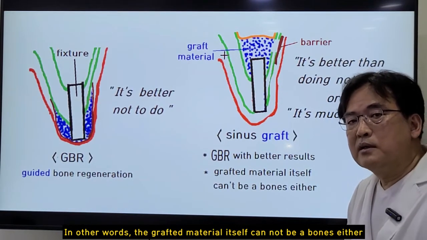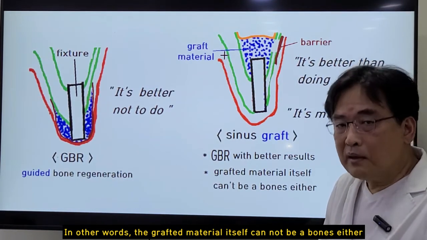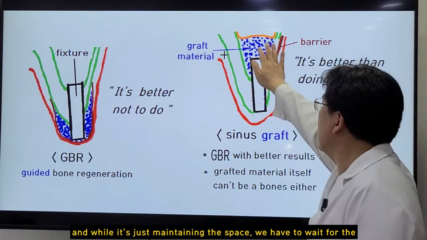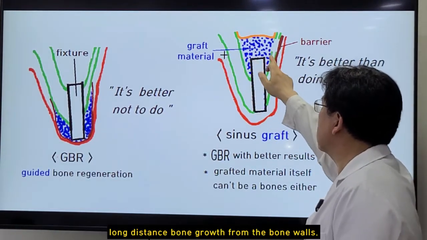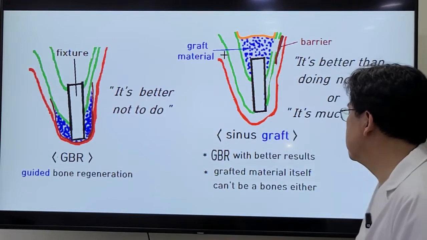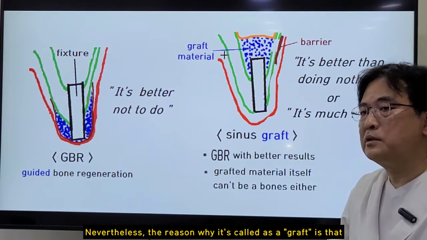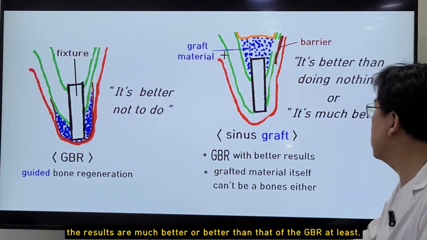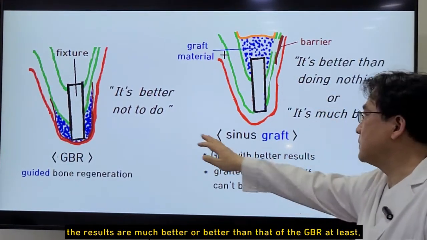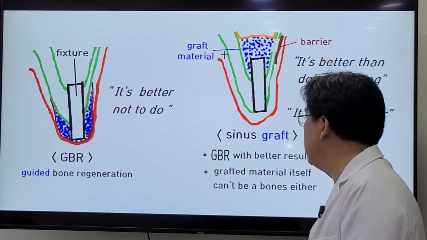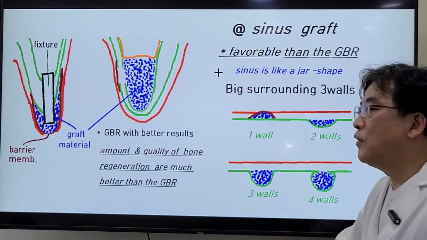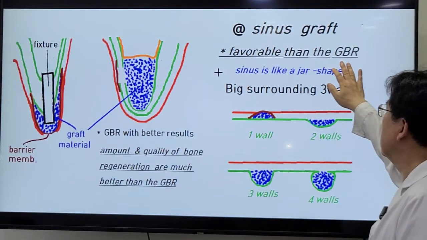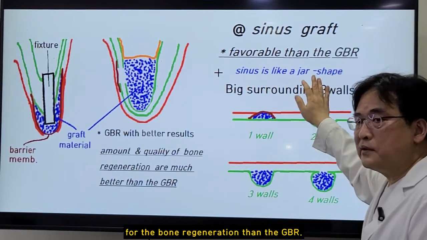In other words, the graft material itself cannot become bone either, and while it's just maintaining the space, we have to wait for long-distance bone growth from the bone walls. Nevertheless, the reason why it's called graft is that the results are much better, or at least better, than those of GBR. We know without any doubt that the sinus graft is more favorable for bone regeneration than GBR.